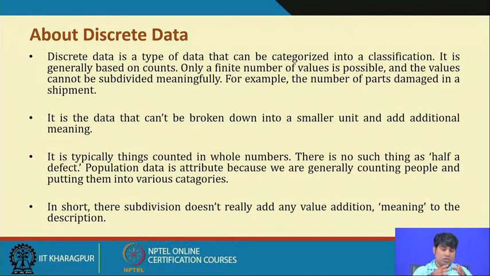So, now corresponding to count data, the discrete data is a type of data that can be grouped into classifications. It is generally based on some kind of counts, only a finite number of values is possible, and the values cannot be subdivided meaningfully.